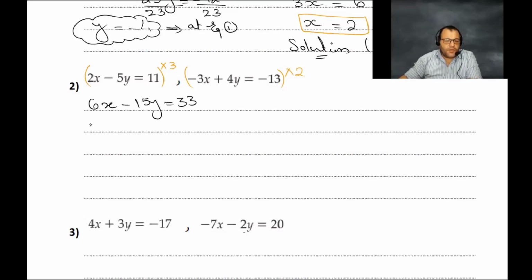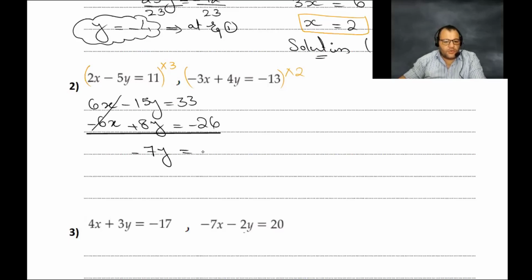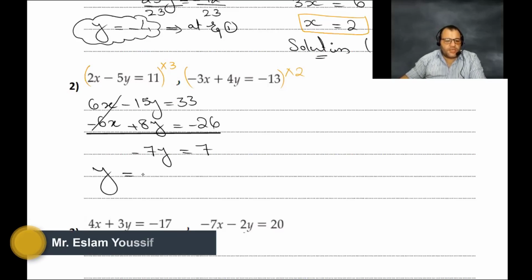Second one, negative 6x plus 8y equals negative 26. Because they have different signs, by adding, that will be negative 7y equals positive 7. From that we can say that y equals negative 1.